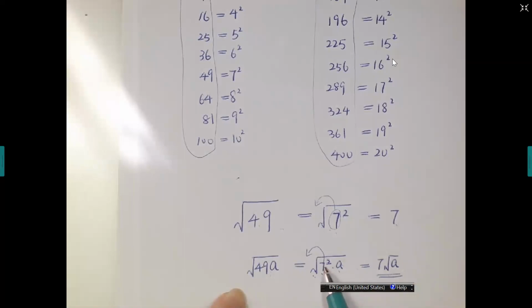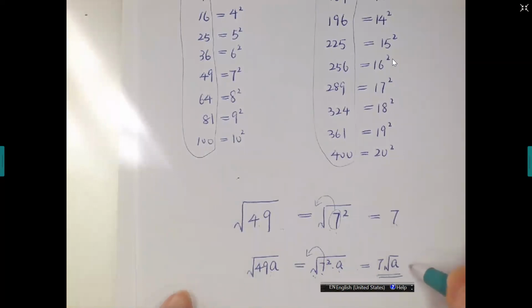So when we move 7 out, make sure we never keep the square anymore. Radical of 7 squared, that's 7. And a stays in. Okay, so to simplify a radical expression, it means we move as much as possible out of the symbol here.